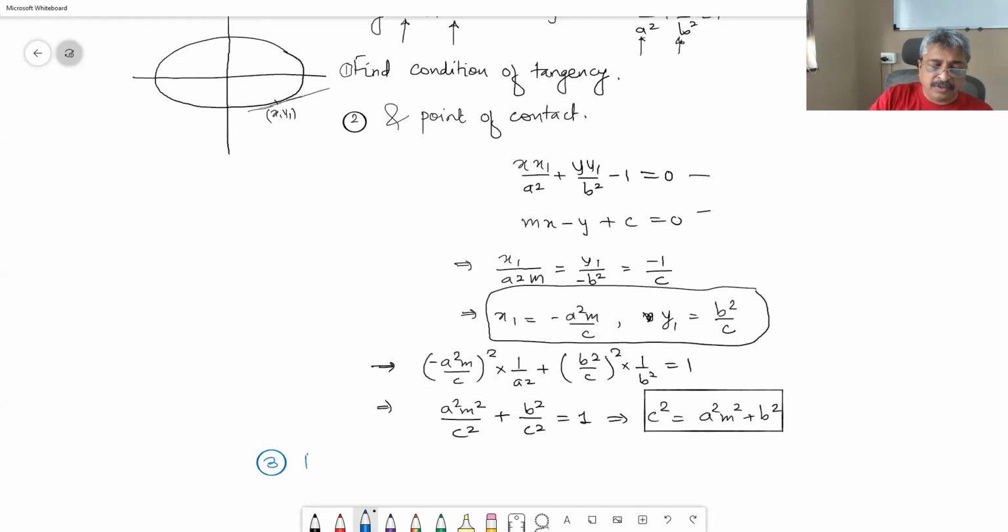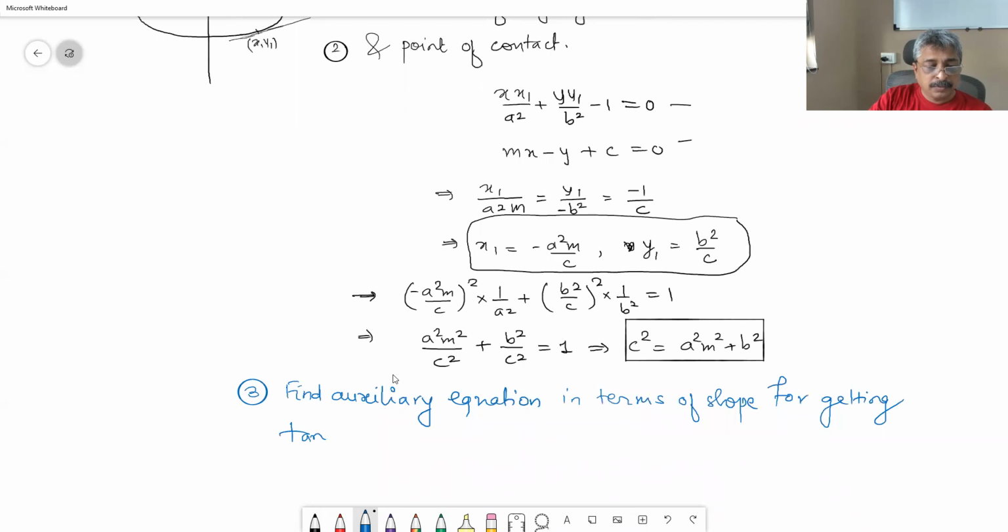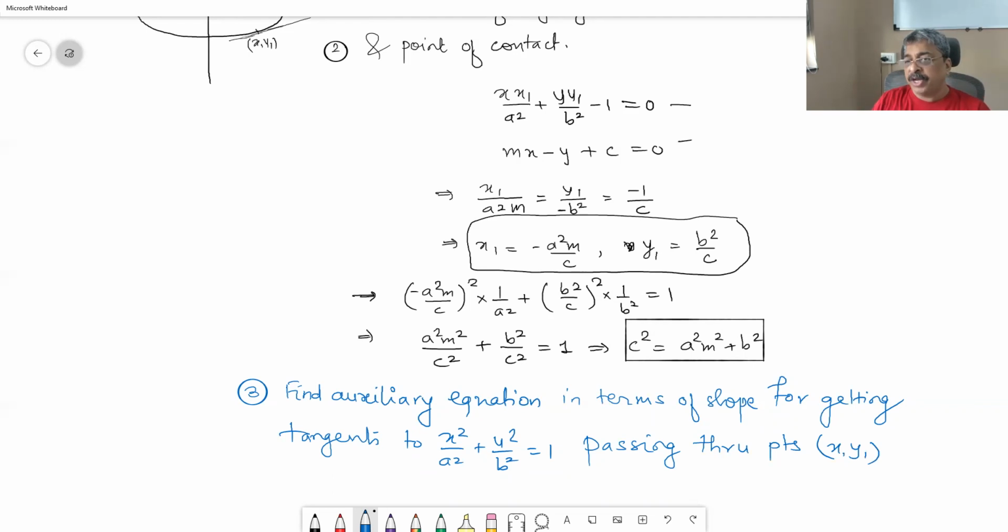Find the auxiliary equation in terms of slope for getting tangents to x square upon a square plus y square upon b square equal to 1, passing through the point x1, y1. x1, y1 is any point in the plane.